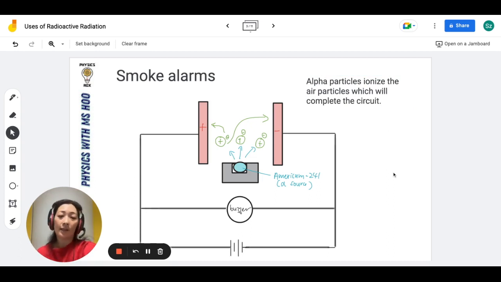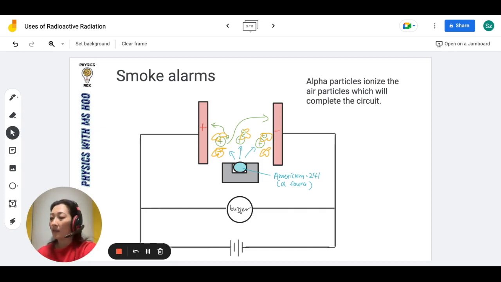So, how does it detect smoke? When smoke enters, let's say these yellow particles now are the smoke particles, the smoke particles will be attracted to the ions. And when they get attracted, they will stop the ions from moving to the electrical plates, therefore preventing the ions from completing the circuit.